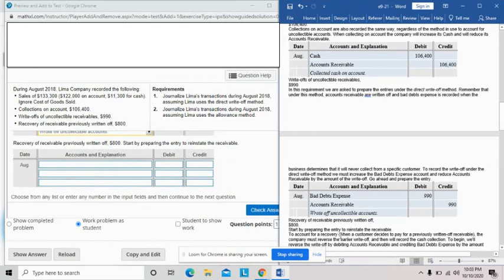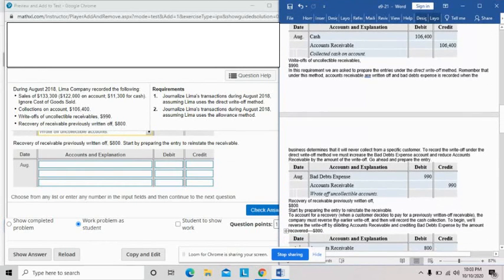Now we have the recovery of receivables previously written off of $800. To start with this entry, we prepare the entry to reinstate the receivable. To account for recovery, which is when a customer decides to pay for a previously written off receivable, the company must reverse the earlier write-off and then record the cash collection.